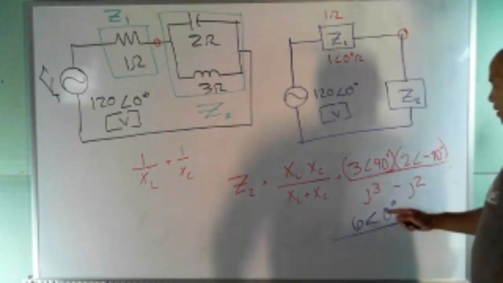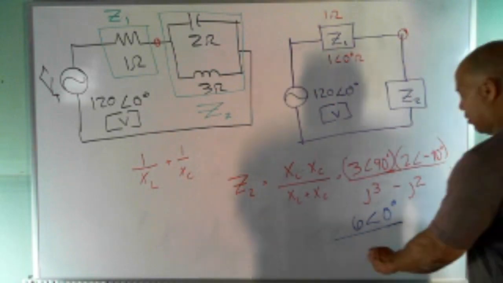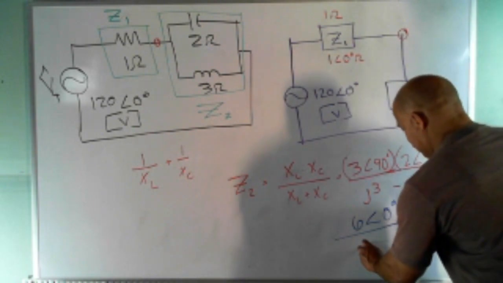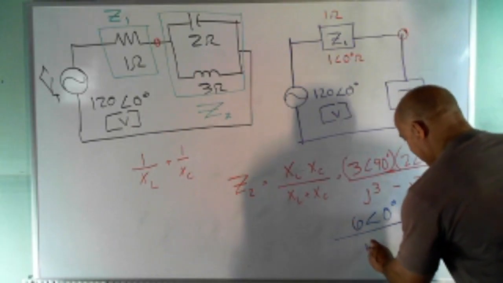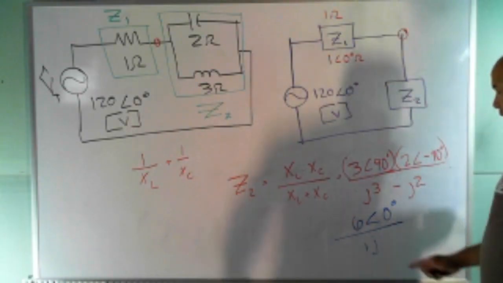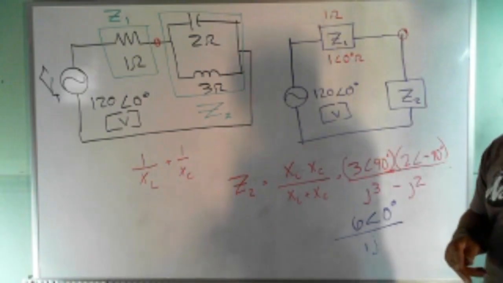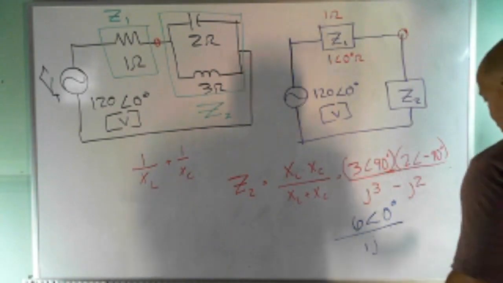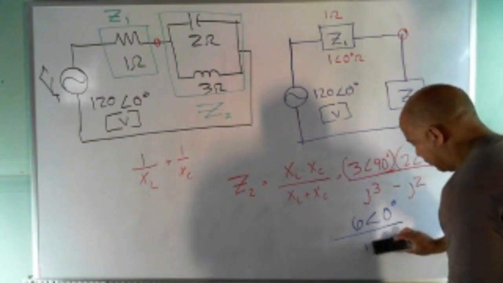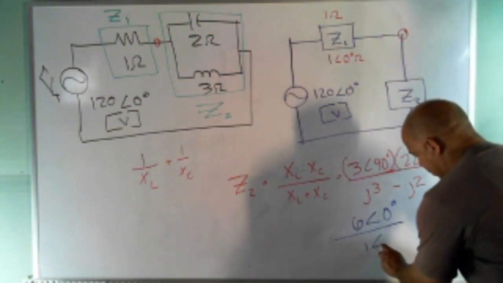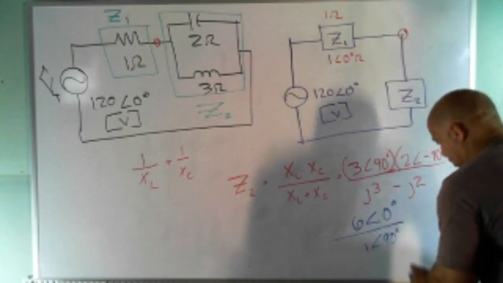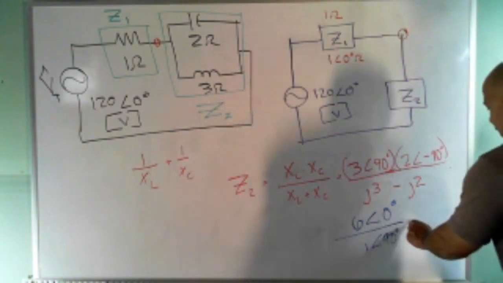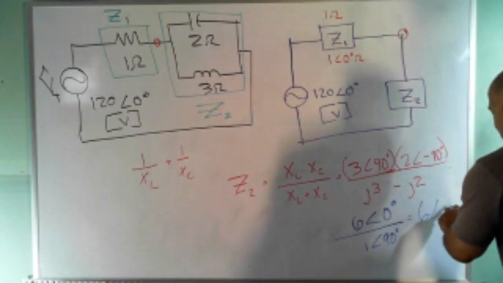Divided by, if I take J3 minus J2, I get just 1J. Now I can convert that 1J back to polar form. It'll be 1 at an angle of 90 degrees. And then when I divide, I get 6 at an angle of minus 90.